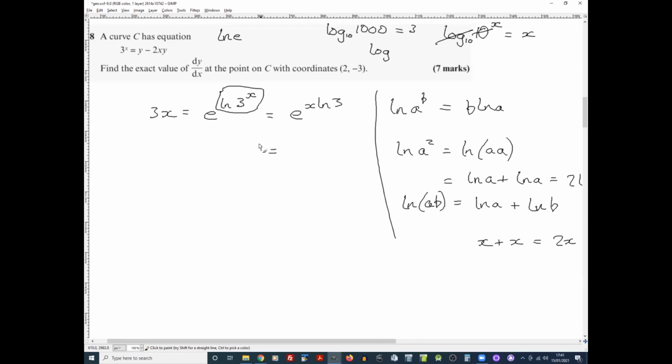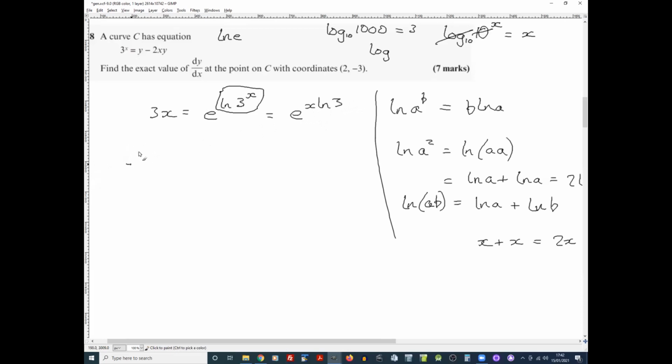That's the form we want to differentiate it in. I was confused, thinking it was going somewhere else. So we've got 3 to the x is e to this power here, which is suitable for differentiating with the chain rule. So let's write it like that.